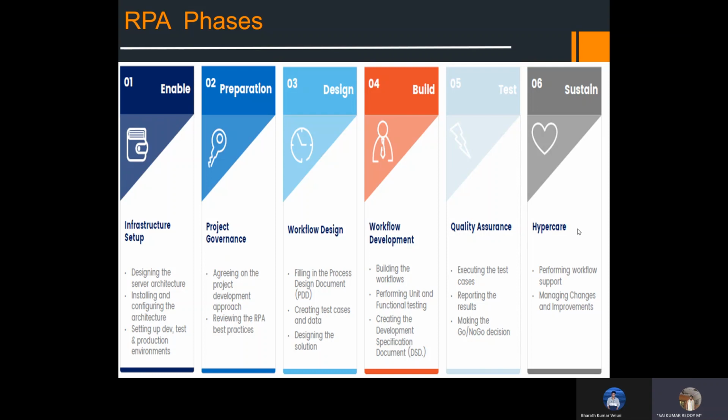Hypercare is nothing but monitoring if there are any performance challenges or, in the ongoing process, if there are any changes in the business applications. So how to handle that, it's an ongoing process, so we need to monitor by having email alerts or other things. So this is about RPA. If you have any questions now, you can shoot.